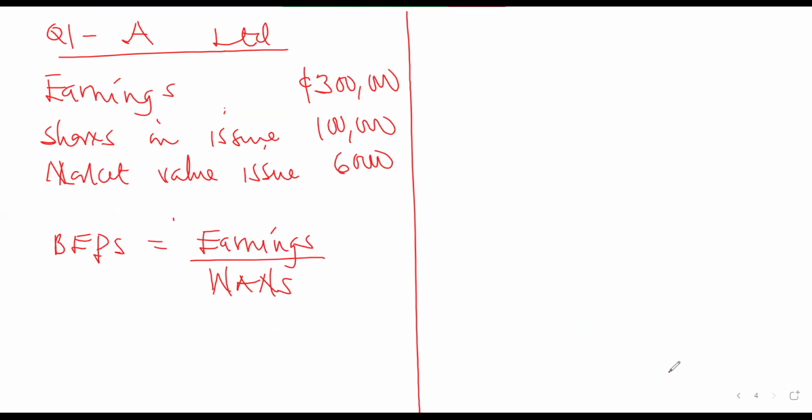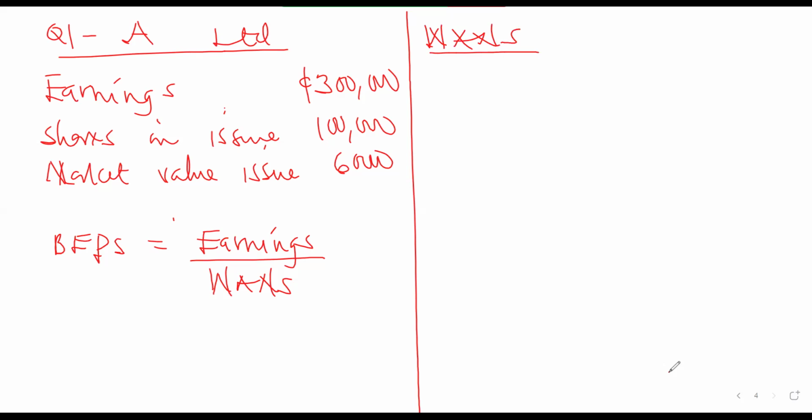But sometimes they can also give you irredeemable preference shares and those things. So you have to take their dividends away from what? The profit. The profit that will be given to you will always be the profit for the year or the profit after tax. So you have to take their dividend from it. Okay.